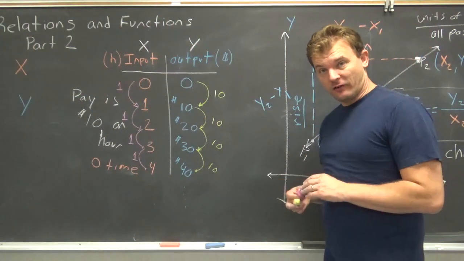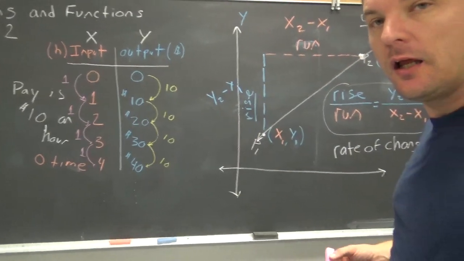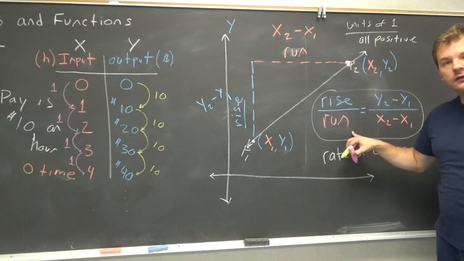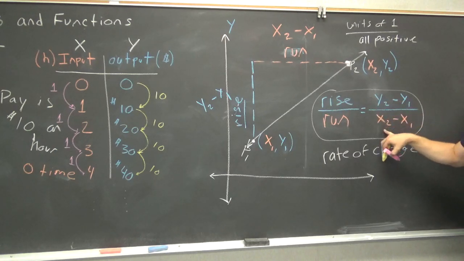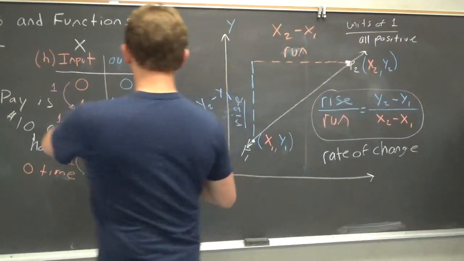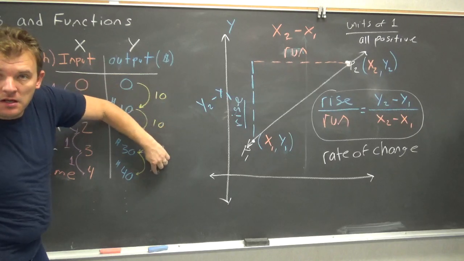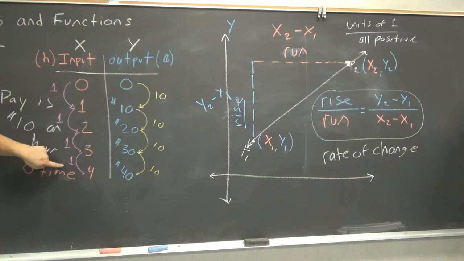Now, for the final, remember how we said rise over run? Or the y's divided by the x's? Look right here. The y's are all 10, right? Look at the x's. They all differ by 1s.